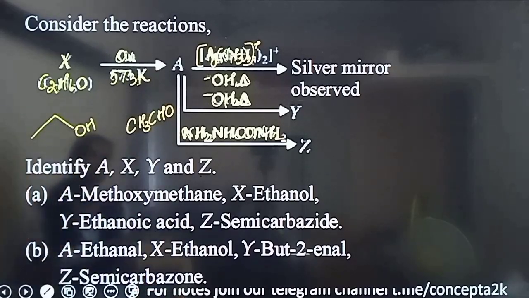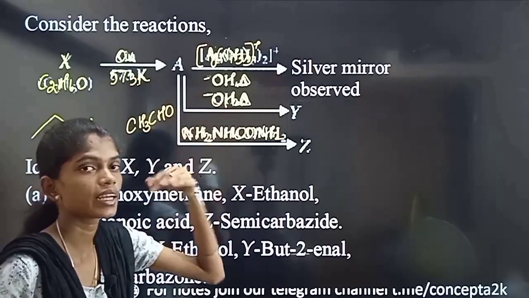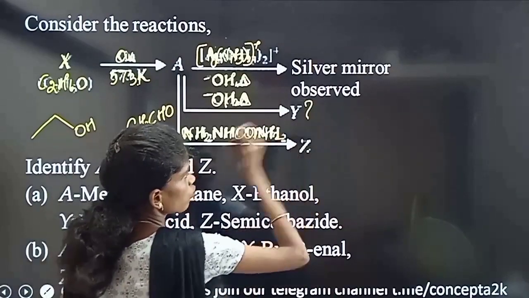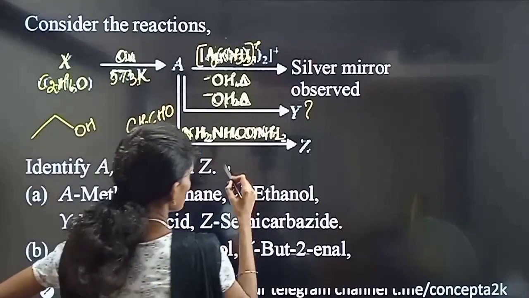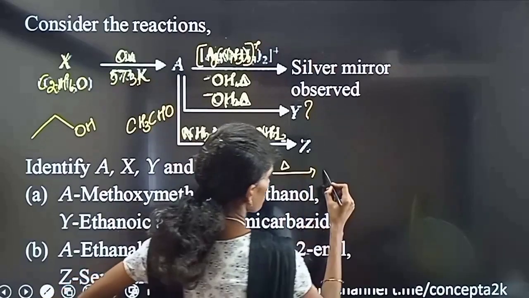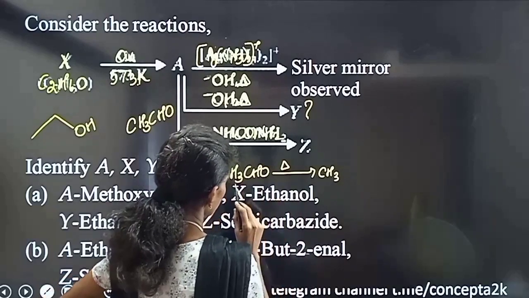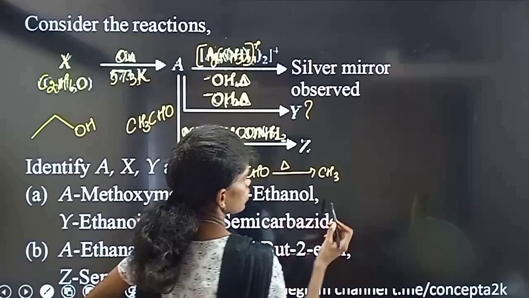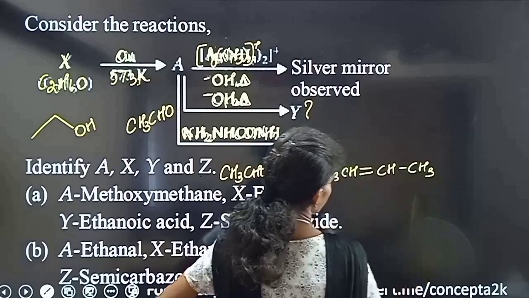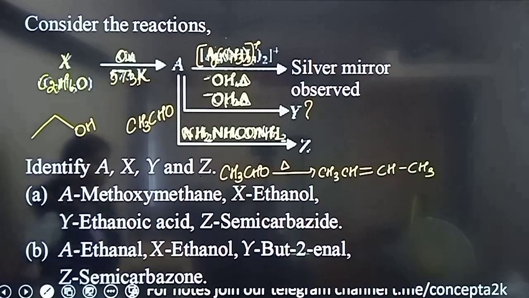So on heating again, we are eliminating H2O and the product is formed as white. What is that product? So on heating we get CH3, CH, double bond, CH, CHO. So this will be formed, which is named as crotonaldehyde.